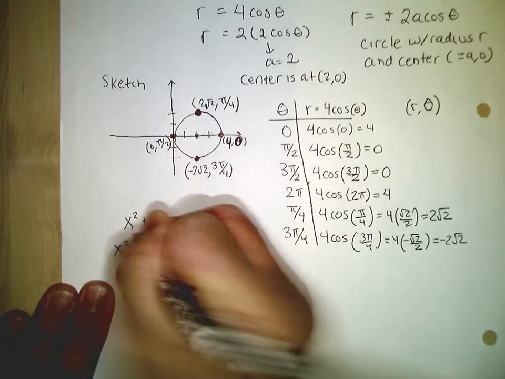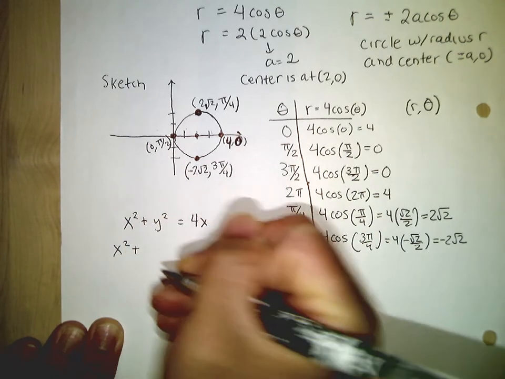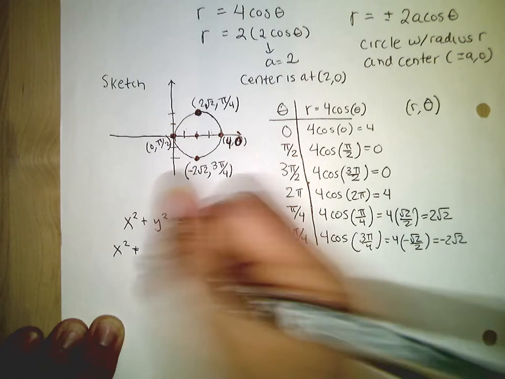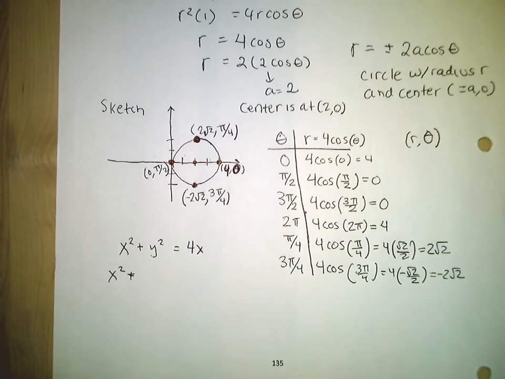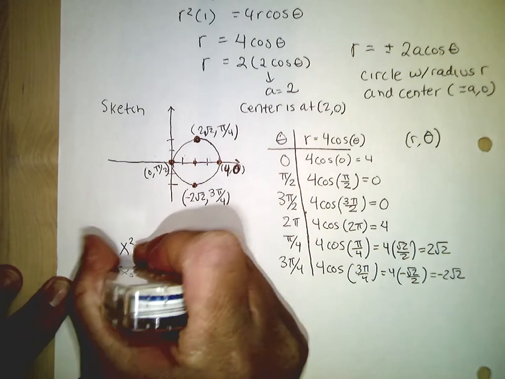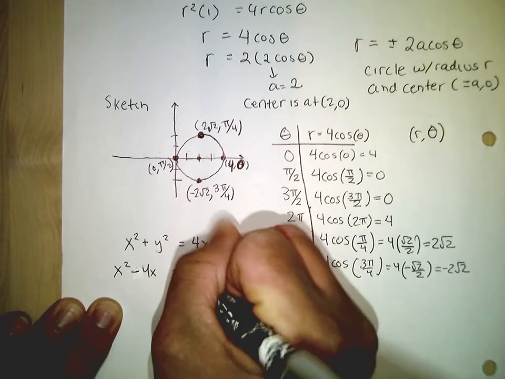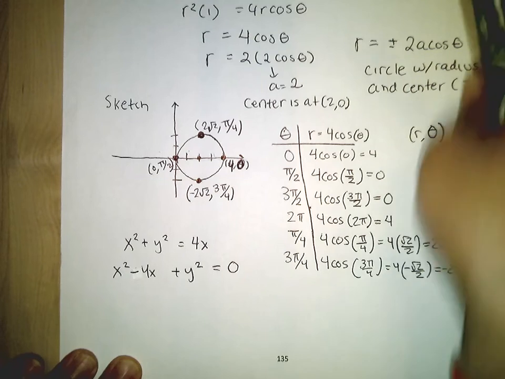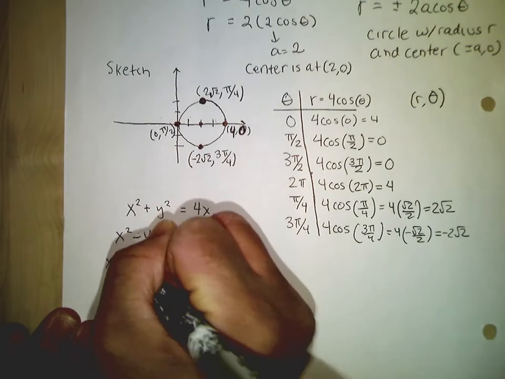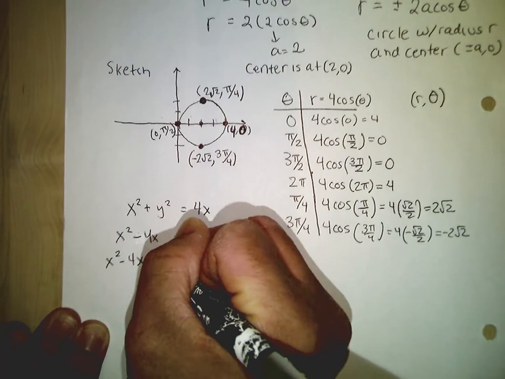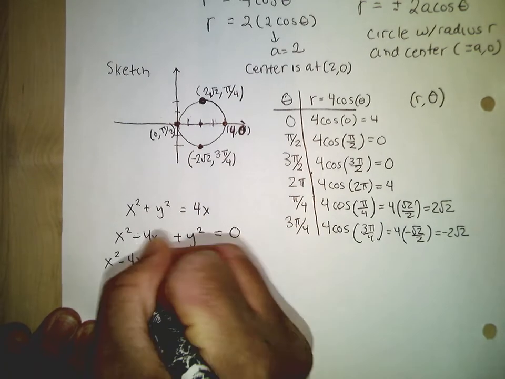Remember that you would need to subtract the 4x, so x squared minus 4x plus y squared is 0. And then we'll complete the square. So x squared minus 4x plus 4 minus 4 plus y squared is 0.